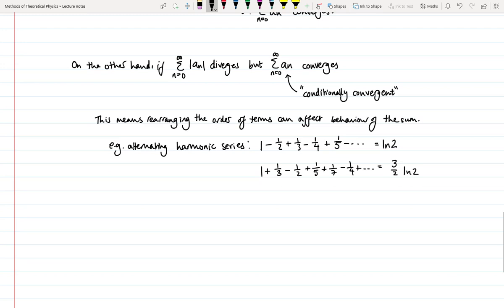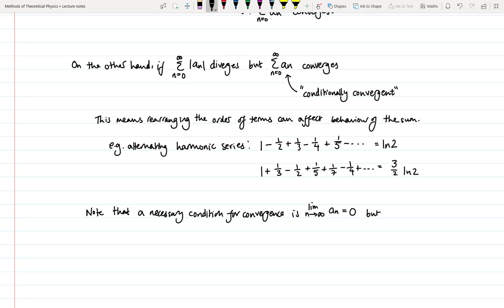A quick final point. Note that a necessary condition for convergence is that the terms get small as n approaches infinity. So as n approaches infinity, the terms approach 0.